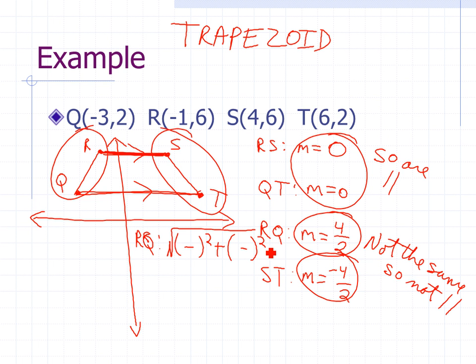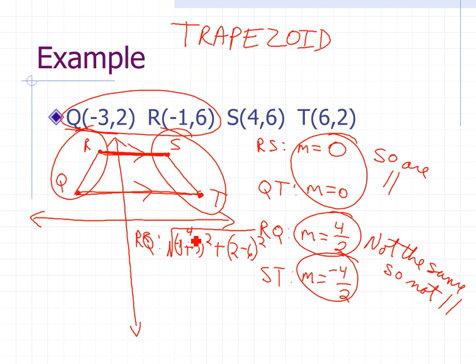For RQ, what's our x's? -1 minus -3. That's gonna make that plus. What's the y coordinates? 2 minus 6. Let's try to do a bunch of this in our head. What's -1 plus 3? 2. 2 squared, 4.